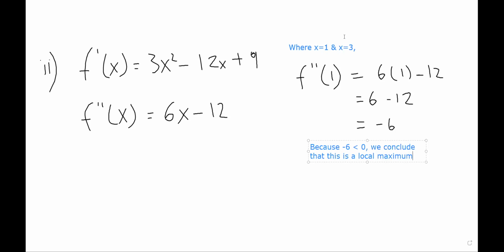Cool. So now we substitute the next x value and see if it's a local maximum or a local minimum, right? Let's draw a line right here.